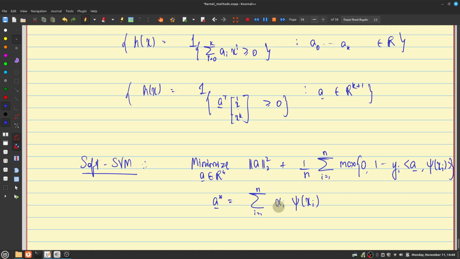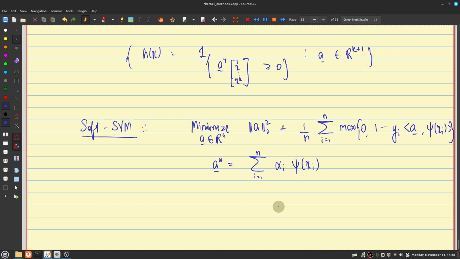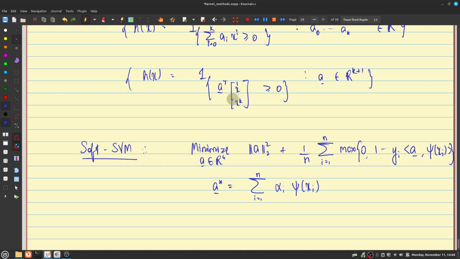That's something that we know. And let's assume that we are trying to train a homogeneous classifier, in the sense that B is always set to be equal to 0. That reduces one variable.